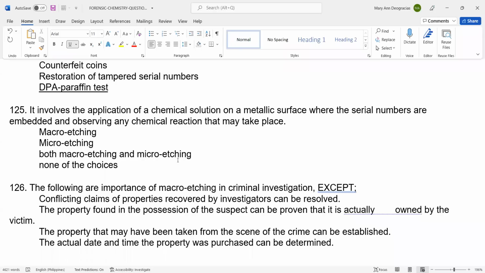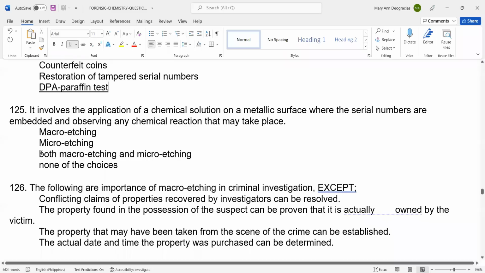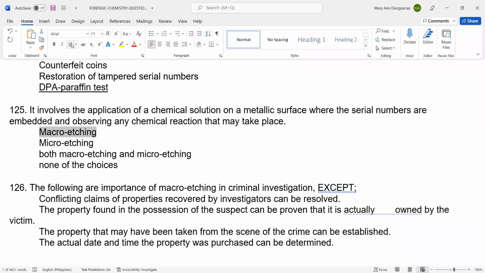Anong kaibahan ng macro sa micro? Ang macro can be seen by the naked eye. Ang micro is microscopic. So if we are talking about serial numbers, we are applying the macro. So our best answer here, or the correct answer, is macro etching.